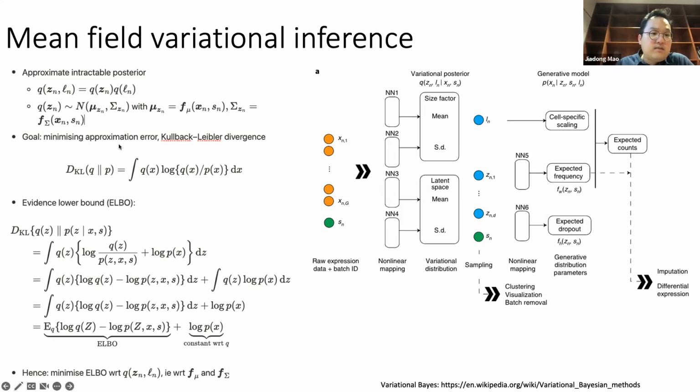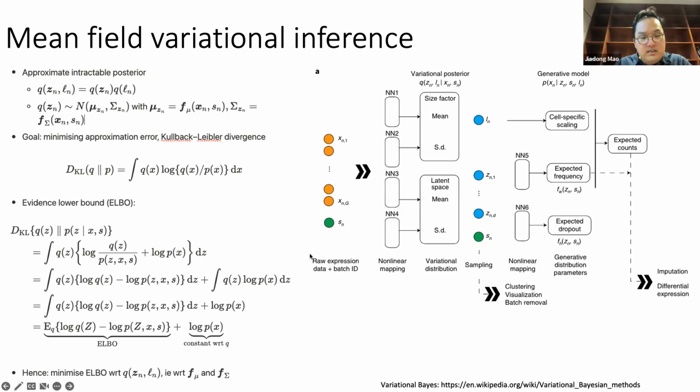So we're doing an approximation. And since we're doing an approximation, we want to minimize the approximation error. So we want to minimize the difference between the approximation Q and the exact true posterior distribution P, and that is measured by a criterion called Kullback-Leibler divergence, KL divergence.